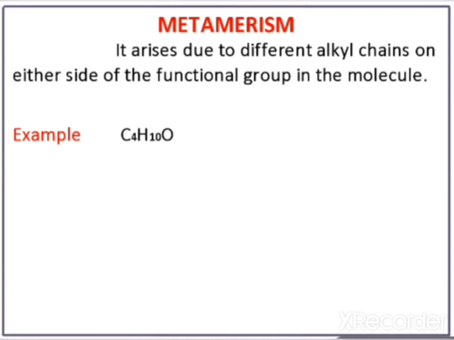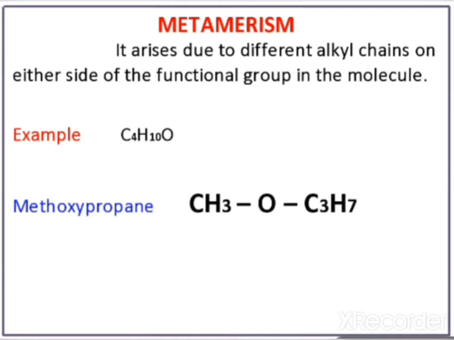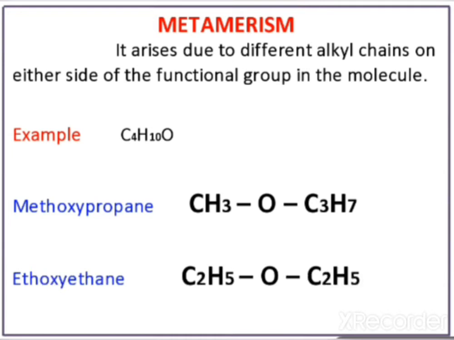See the structure for this compound. Here methoxypropane, this is the structure. You can see here CH3OC3H7. This is methoxypropane. And second case, so now in these two cases you can see, in the first case the left side has 1 carbon and the right side has 3 carbons.